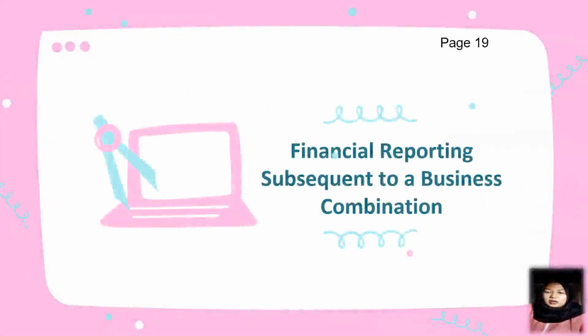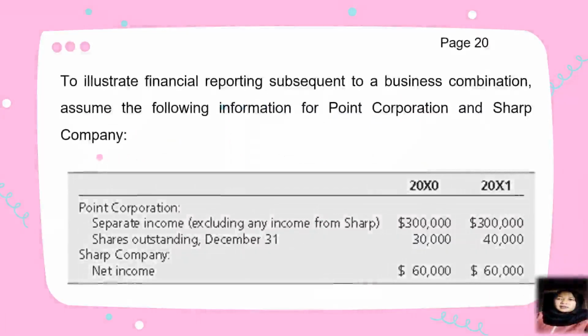Then the second one is financial reporting subsequent to a business combination. Financial statements prepared subsequent to a business combination reflect the combined entity beginning on the date of combination going forward to the end of the fiscal period.